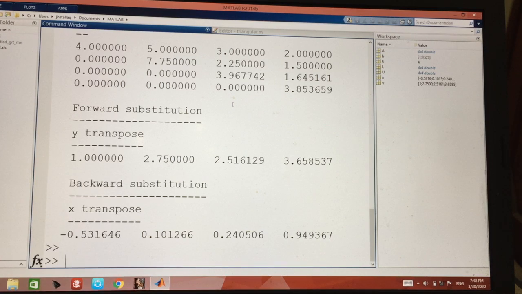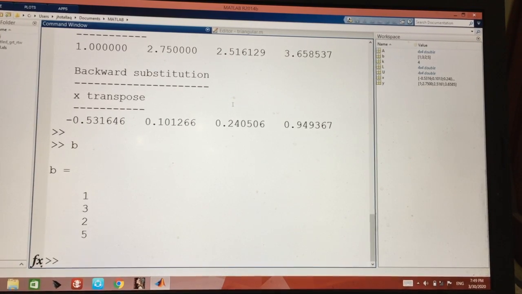B is, okay, so B is 1, 3, 2, and 5, okay, and we have AX equal B. So what we want is to determine what is X. First step, we make L times U equal A, so we obtain what is L, okay.